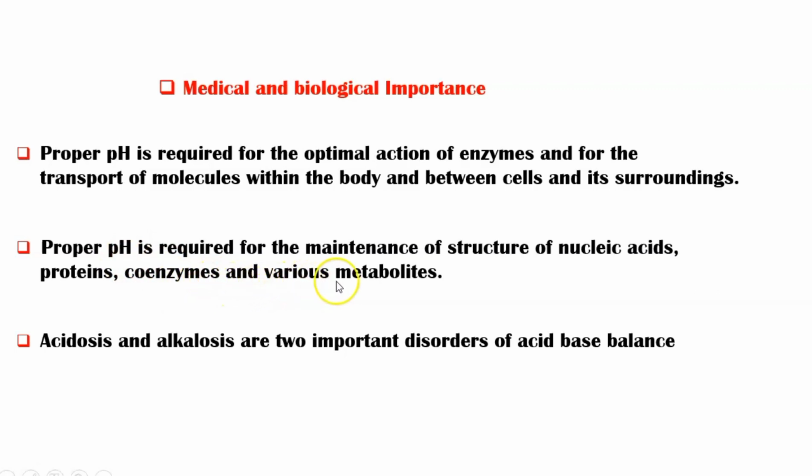And various metabolites. When we are talking about metabolites, we are talking about what? Intermediate products of pathways or biochemical reactions. That's what we refer to as metabolites. Like now, when a protein is broken down, you have your amino acids; when carbohydrate is broken down, you have glucose, and the rest of them are all metabolites. But among metabolites, we have primary metabolites and secondary metabolites.